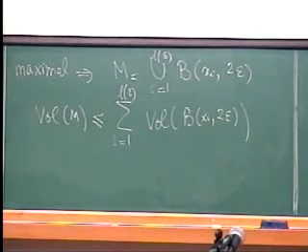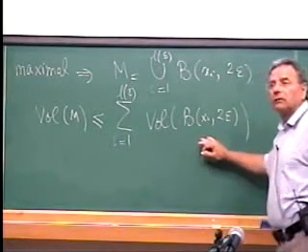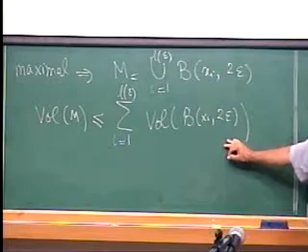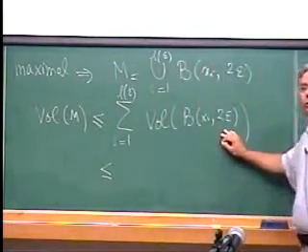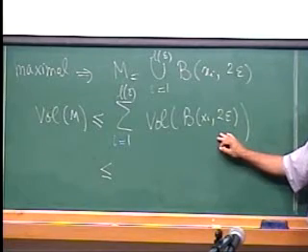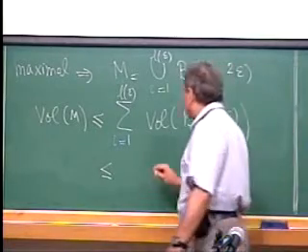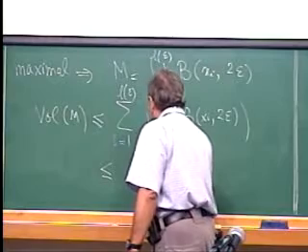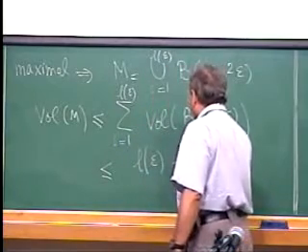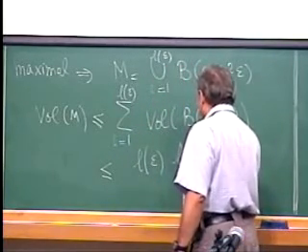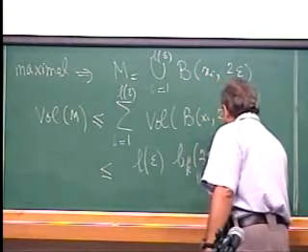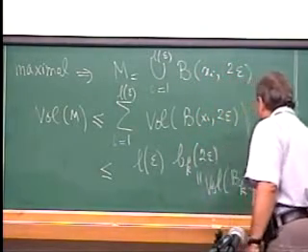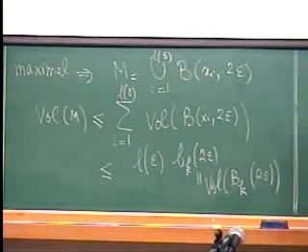And now these volumes, again, using Bishop theorem, this volume must be less than the volume of the same ball in the model space. Okay, so this is less than L of epsilon times what I will call B sub k of 2 epsilon, which is thus just the volume of the ball of radius 2 epsilon in my space with constant curvature k.